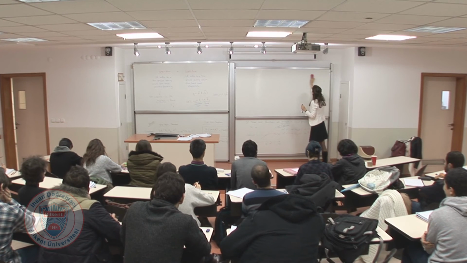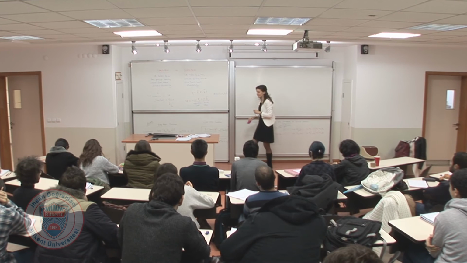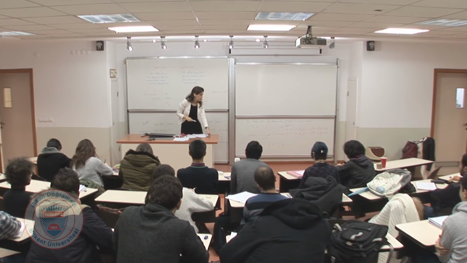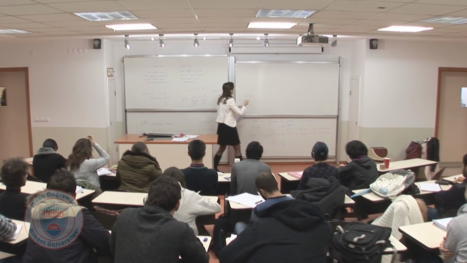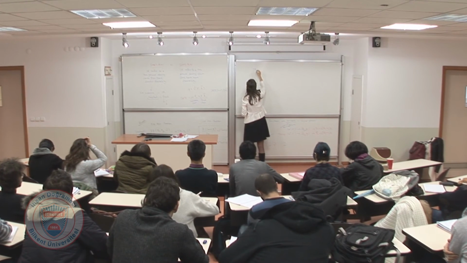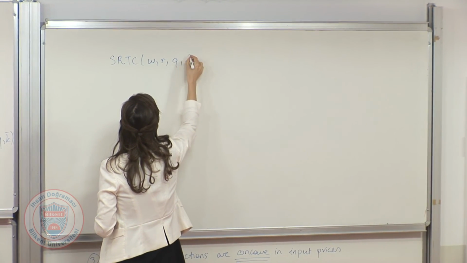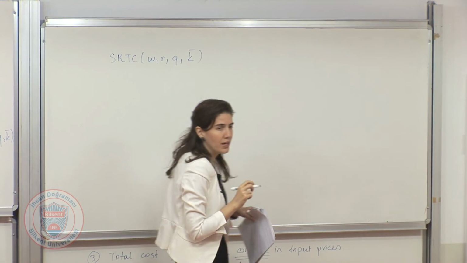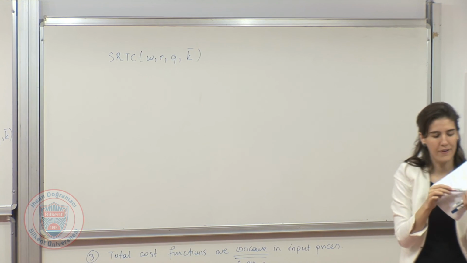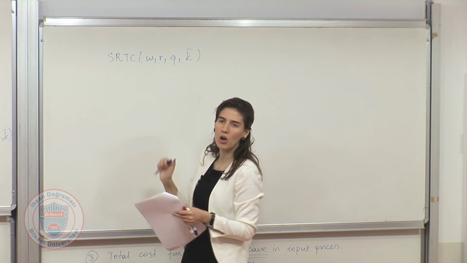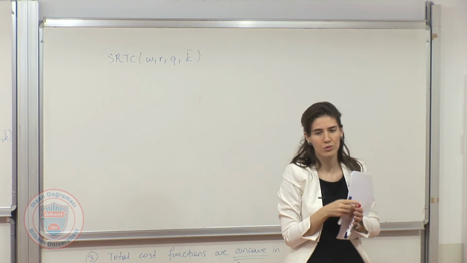No? Yes? Maybe? Okay, so let me ask you, suppose you want to produce a given level of output, so short run total cost, wage, R, Q, K bar. I gave you this function. Can you say that this is the minimal cost in order to produce that Q?